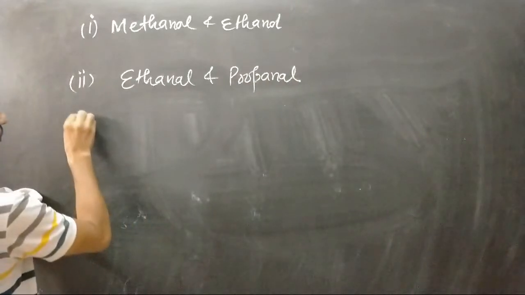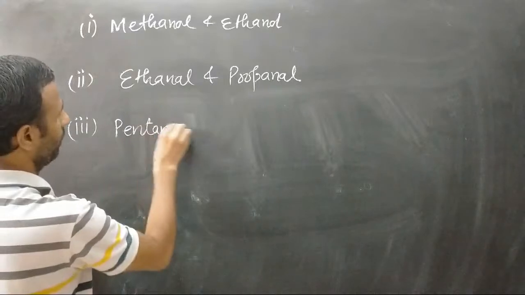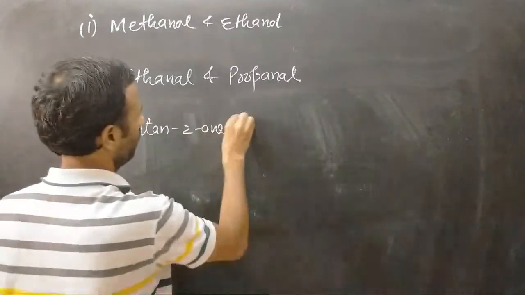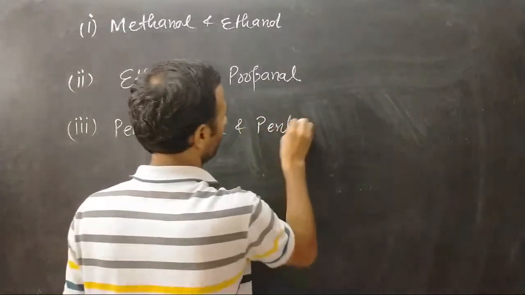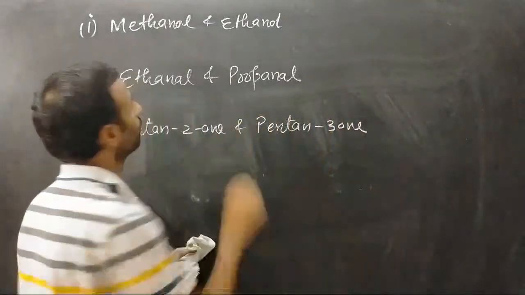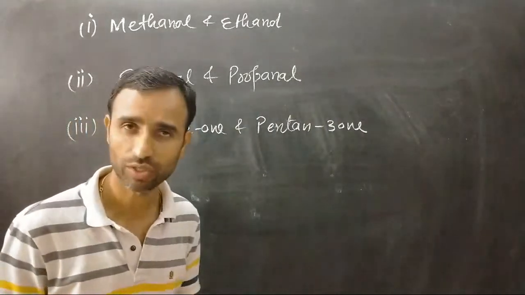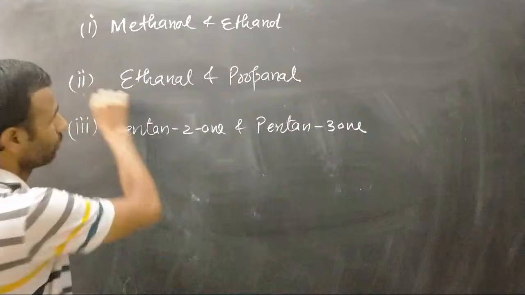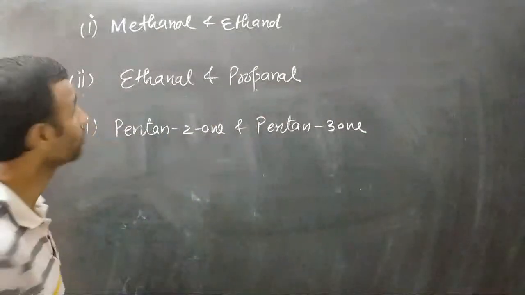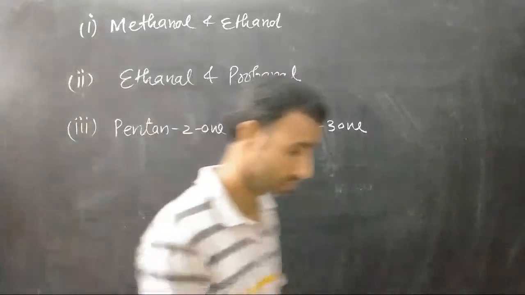Third, pentan-2-one and pentan-3-one. Yes, tell me. In the first, which one will give the iodoform test? In the second, which one will give the iodoform test? Means we can distinguish these pairs by using the iodoform test.